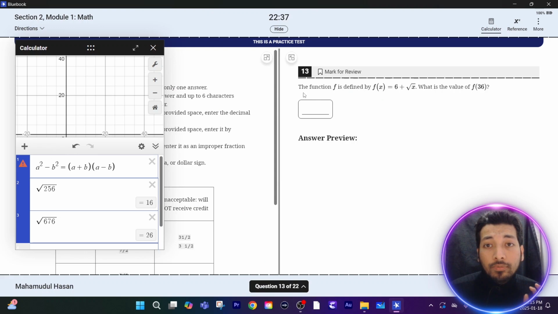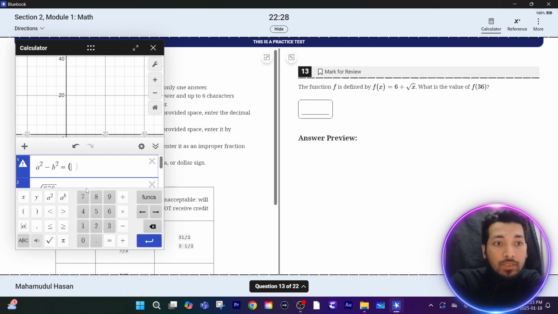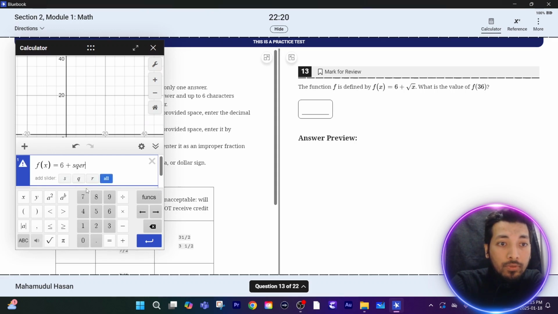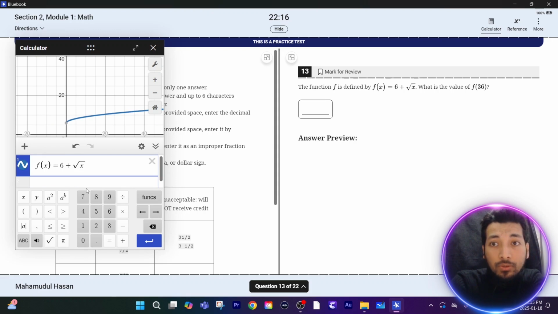The problem statement says the function f is defined by f of x is equal to 6 plus the square root of x. What is the value of f of 36? Perfect. We can use a calculator for this. We have f of x is equal to 6 plus square root of x, and we just need to evaluate this function for 36.